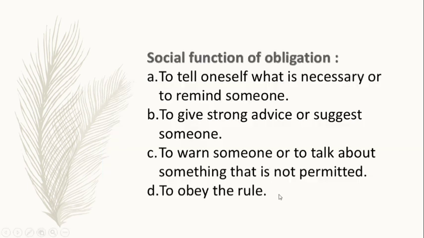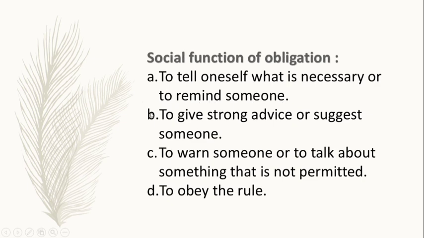After you understand the explanation about the table that shows how to differentiate the modal verbs used in obligation, let's turn to the social function of obligation. The social functions of obligation, the first is to tell oneself what is necessary or to remind someone.